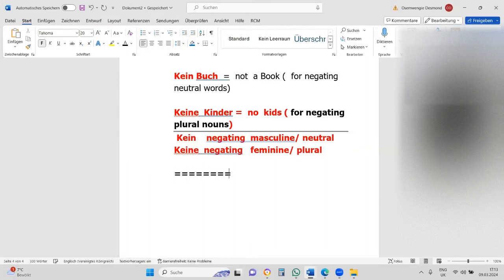Let's take some examples. Someone asks you a question. Negate the following nouns.